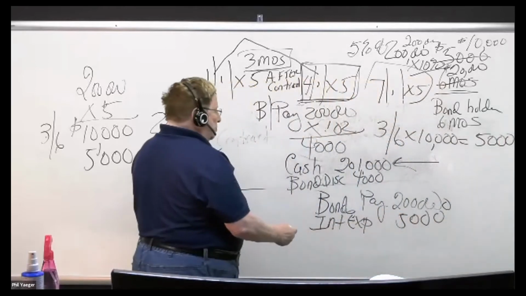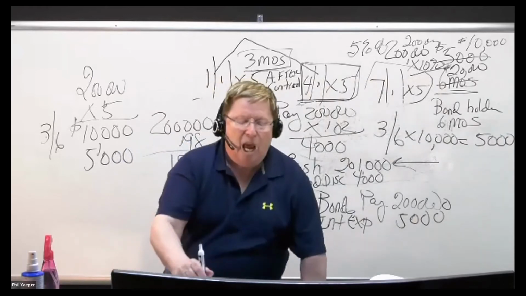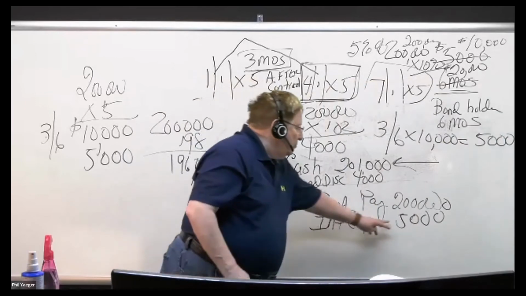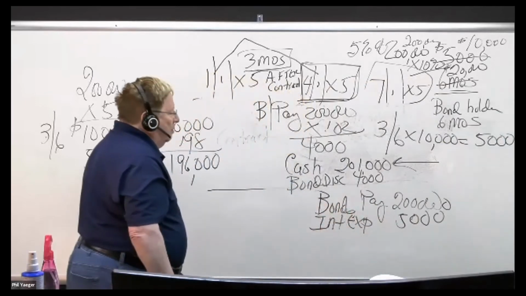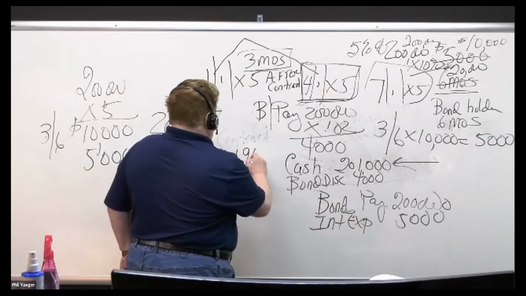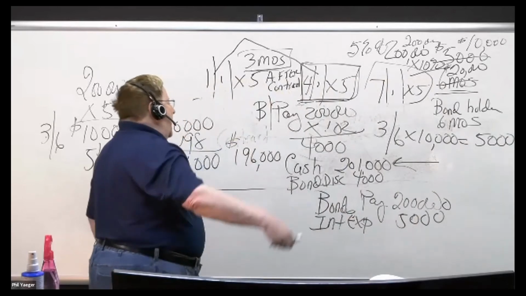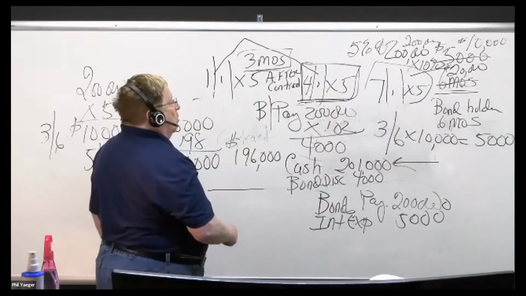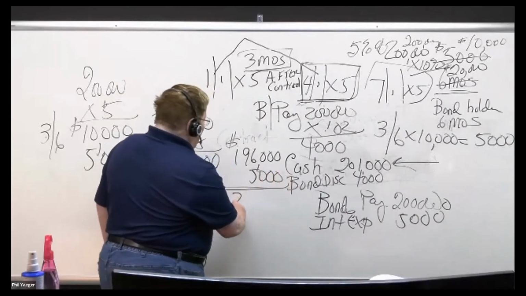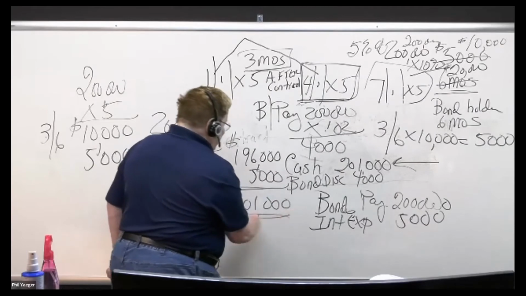They're going to get the cash proceeds from the bond, which is 98% of 200,000, plus the interest of 5,000. What's 98% of 200,000? It's 196,000. And the bondholder is going to give them back 6 months of interest, which is $5,000. So the cash proceeds the corporation will get is 201,000.